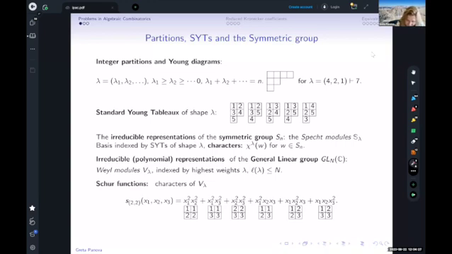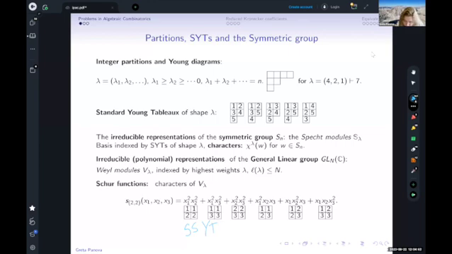Just to put things in perspective, the Schur functions can be considered combinatorially as generating functions for semi-standard Young tableaux, abbreviated SSYT.